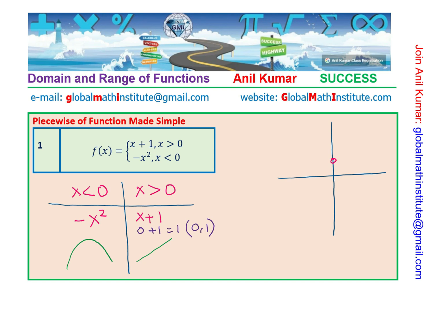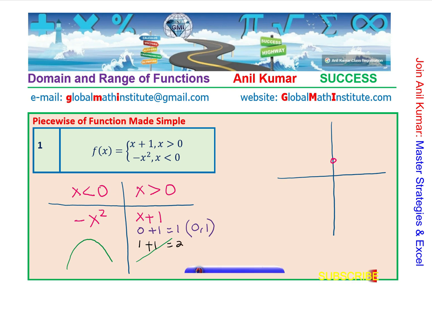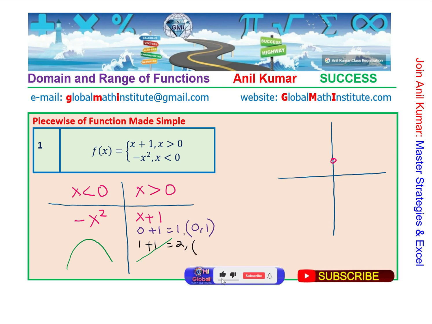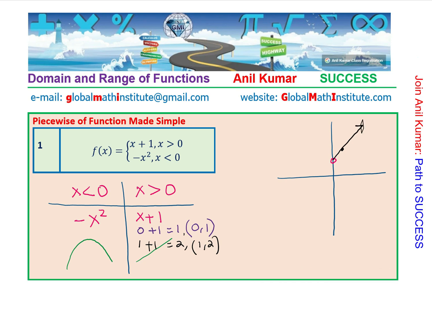And then to draw a straight line, we need another point. So let me put x equal to 1, and 1 plus 1, as you know, is 2. So we get a coordinate point where at 1 the value is 2. Joining these two, we get a straight line, and there you go. That's our function. Clear? So this is the graph of a straight line on the right side of the y-axis.